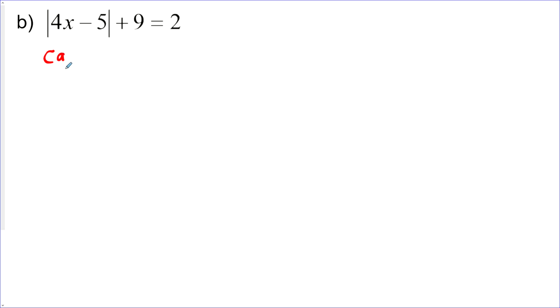We have two cases, case 1, and we need to find when that happens. So when is 4x minus 5 greater than or equal to 0? That will be our case 1, when we don't need the absolute value brackets because it's already greater than or equal to 0. So do some algebra, add 5 on both sides.